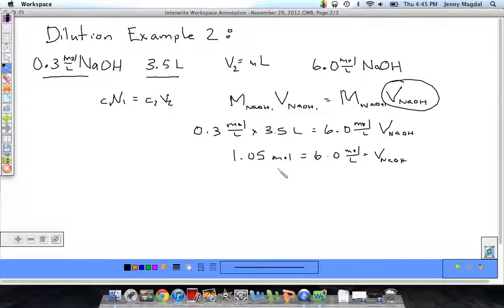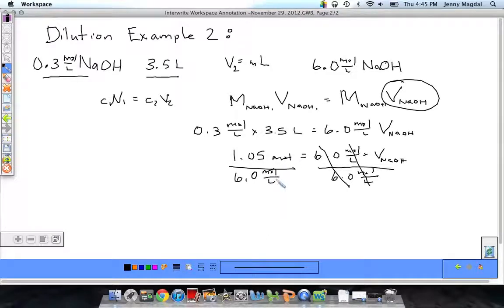Well, if I want to get my volume by itself, I need to divide both sides by 6.0 moles over liters. So moles over liters and the 6.0 cancel out on this side. On this side, I have to do the same thing, 6.0 moles over liters. My moles cancel out.